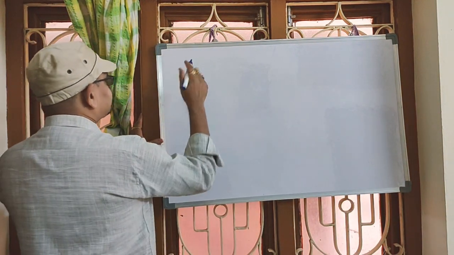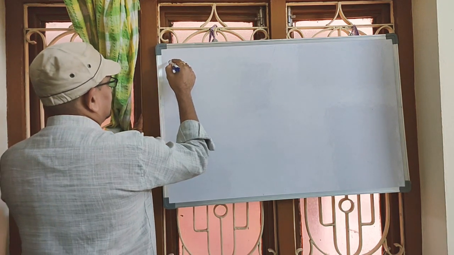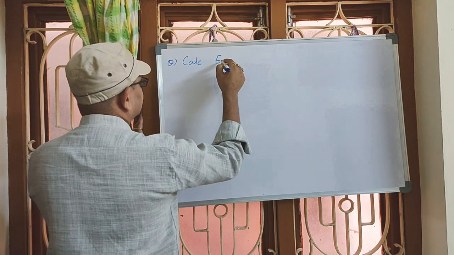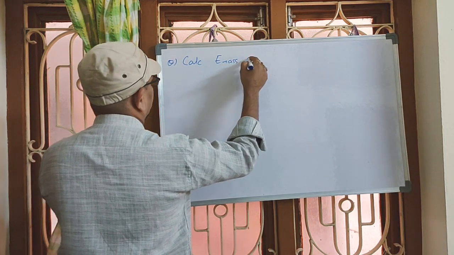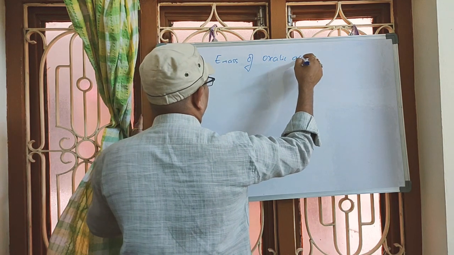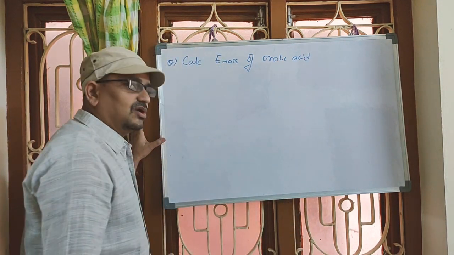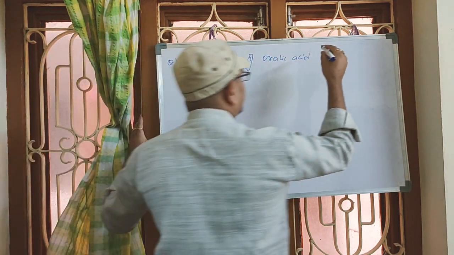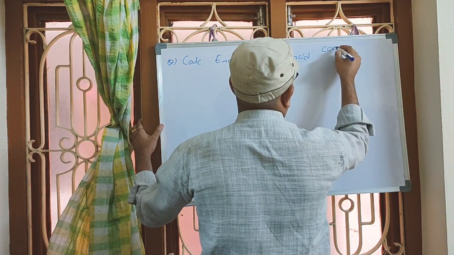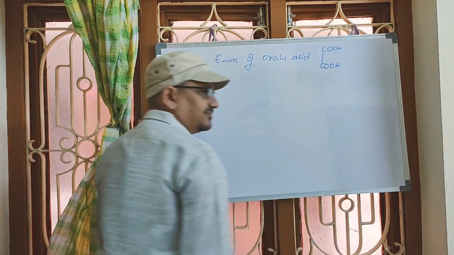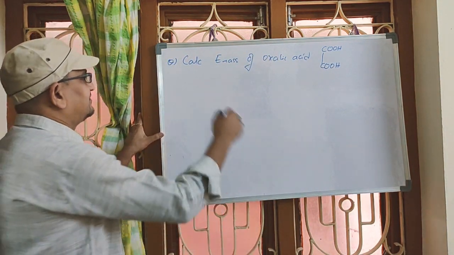For example, they may ask you a question: calculate equivalent mass of oxalic acid. Oxalic acid has 2 carboxylic acid groups. Options will be given.